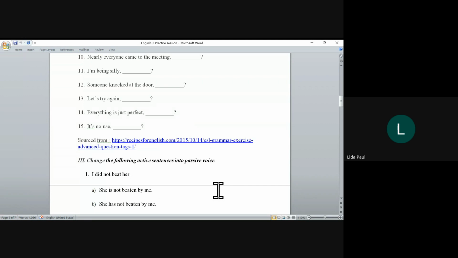Last one is it's no use. This is easy. What is the answer?